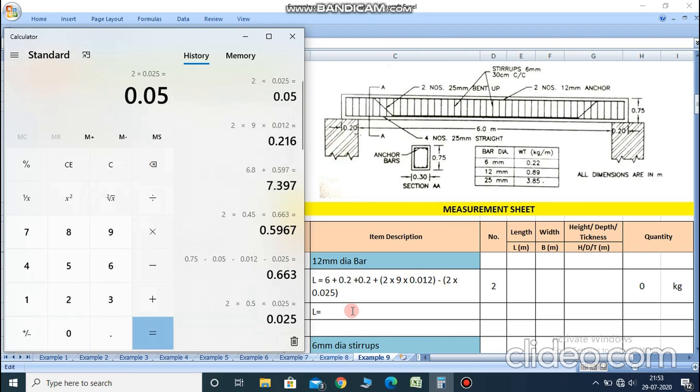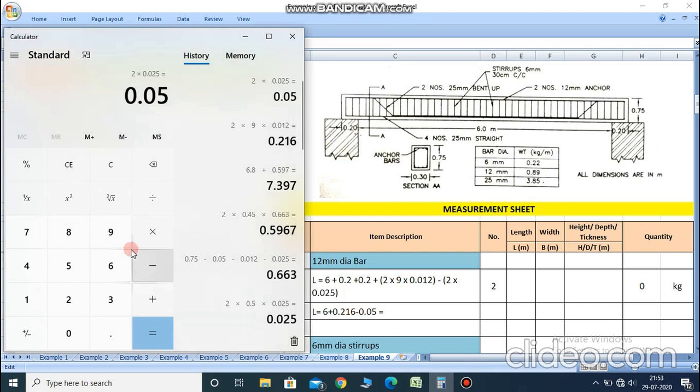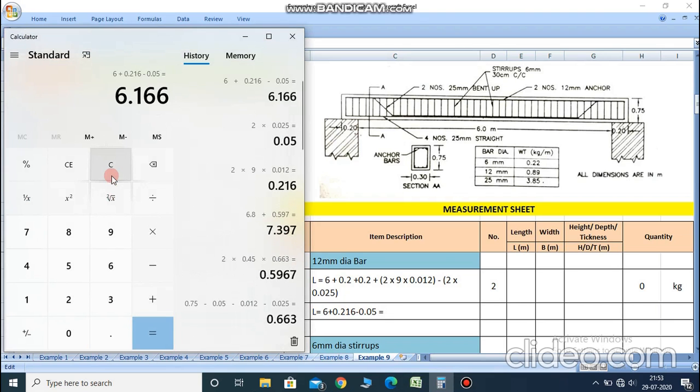So 6 plus 0.216 minus 0.05. Answer we got is 6.16.